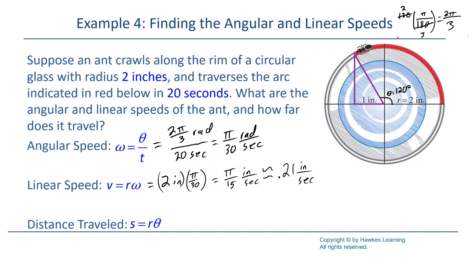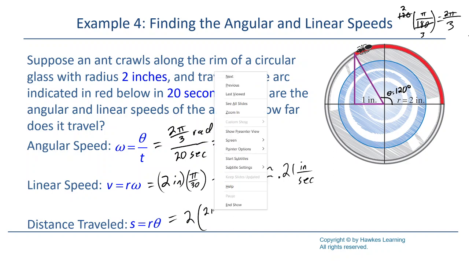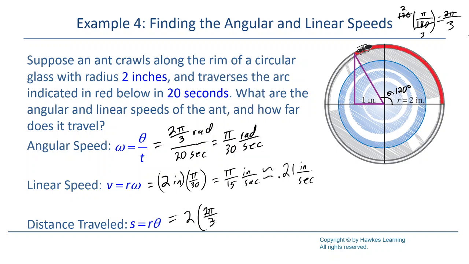So this is 2 pi over 3 radians, and it has a radius of 2. So this is going to be 2 times 2 pi over 3, which is 4 pi over 3 inches, which is approximately 4.19 inches.